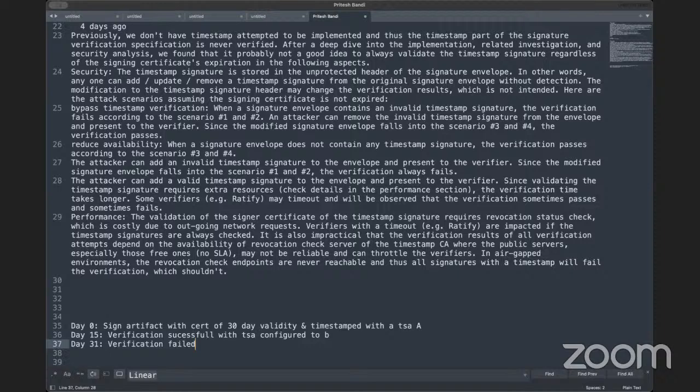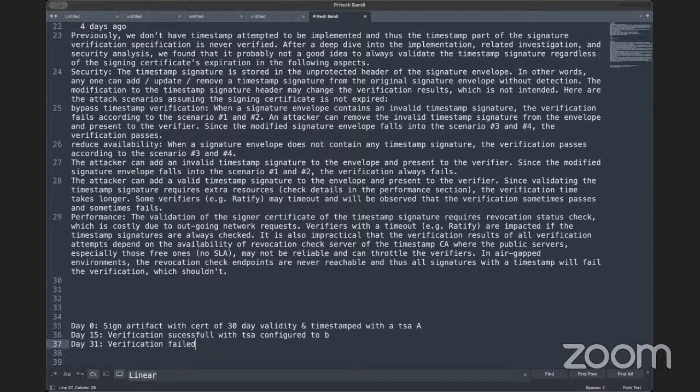This is a common scenario: on day 0, someone signs it for 30 days with a TSA. On day 15, signature verification was successful. Although my trust policy says trust timestamp server B, on day 31 it starts failing. Basically, I think this is optimized for short-lived signing certificates.